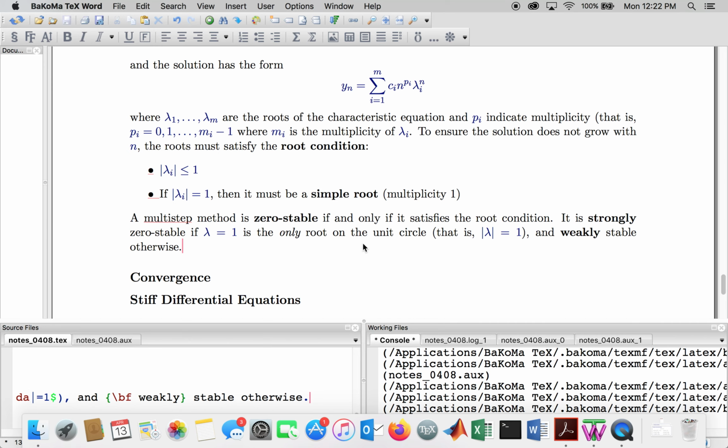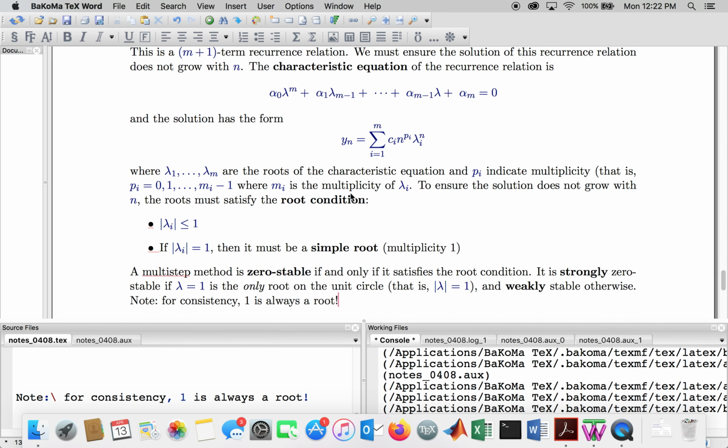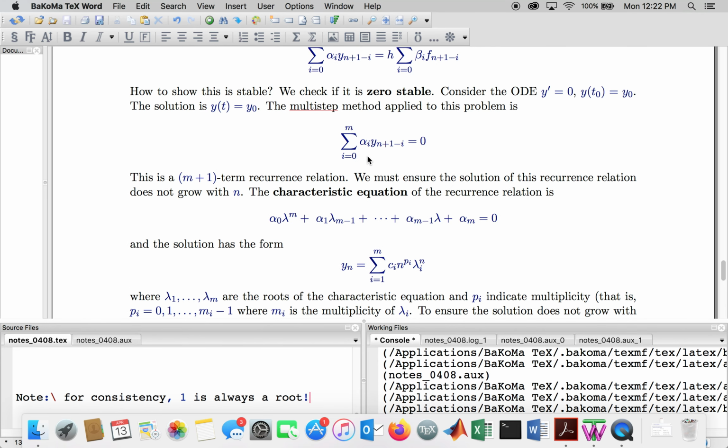Now, for one thing, I should mention that in order for a method to be consistent, one has to be a root, because one of the conditions that we saw last time for consistency is that the sum of the alphas must be equal to 0.